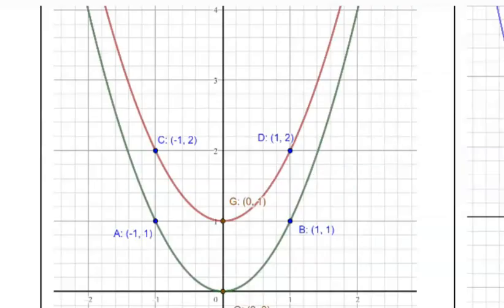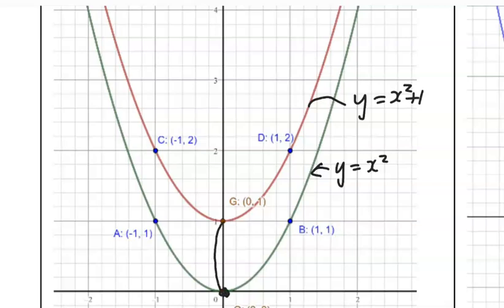If we look at this graph, then we see here that y is equal to x squared is our mother graph, the green one. And now the red graph is y equal to x squared plus 1. The reason for that is that we've taken a value here and we've added 1, so the distance here is 1.